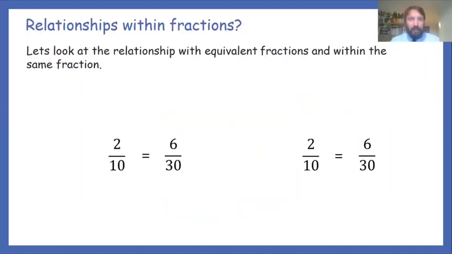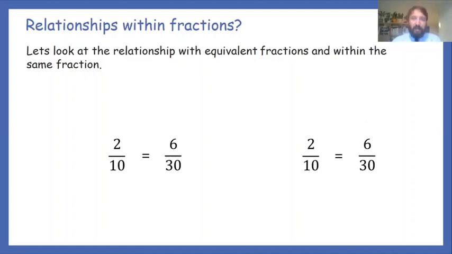Okay, let's move on. Just a quick look at relationships within fractions. Let's look at this relationship with equivalent fractions. There's a reason I'm just covering over what we did last time, because the more we do it with fractions, the easier it becomes.